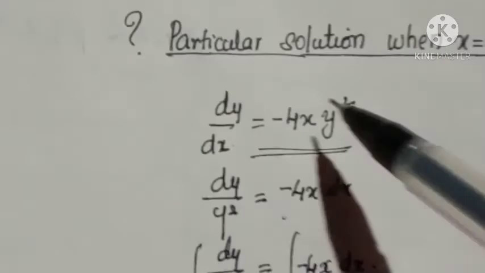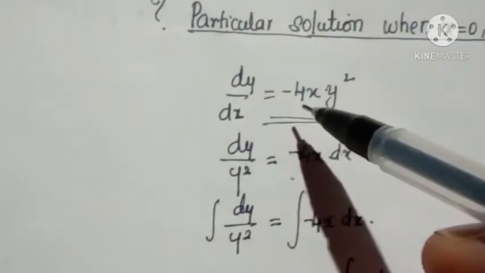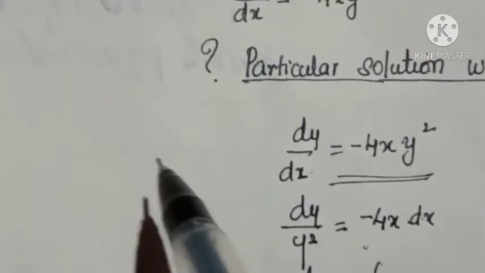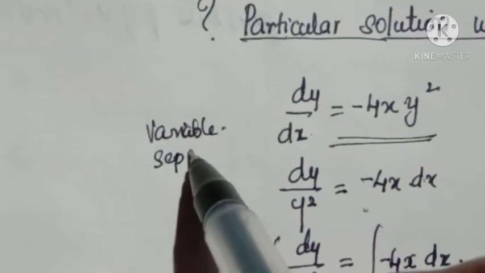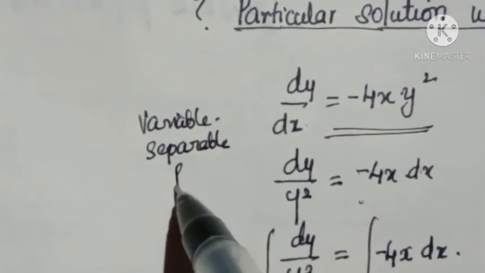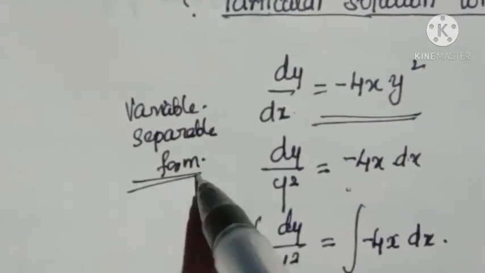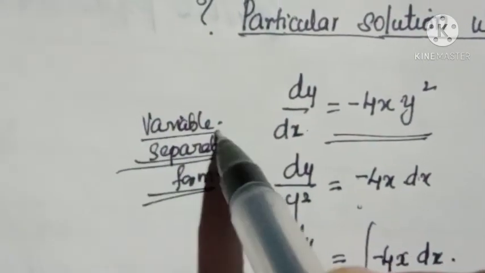Okay, so this is the method of finding the particular solution or general solution by the variable separable method. We will discuss some more questions in the next video.